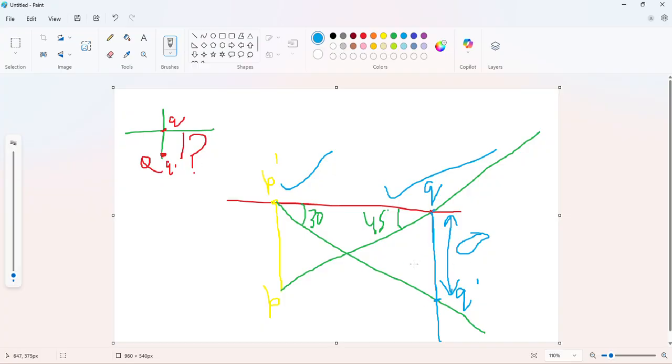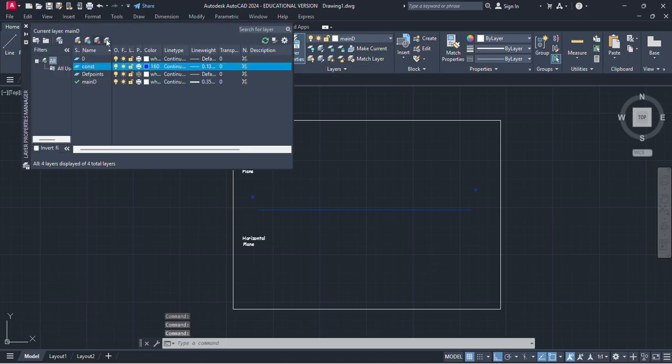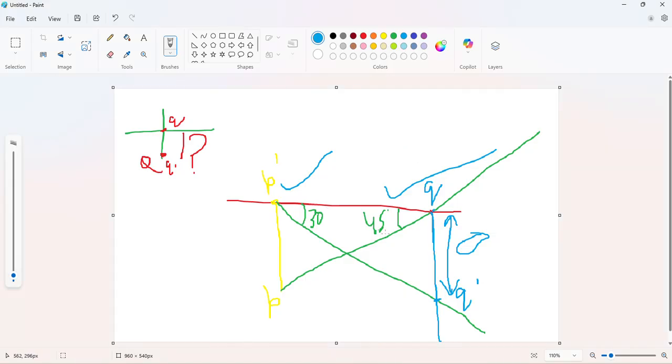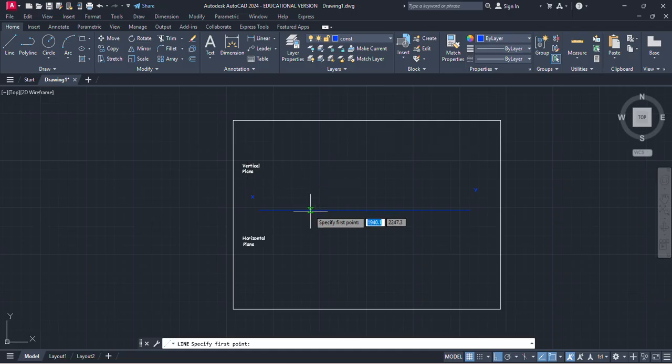Now I'm going to plot this in AutoCAD. In the question, point P is on HP and 35 mm in front of VP. So the projection will be like this, 35 mm below HP.